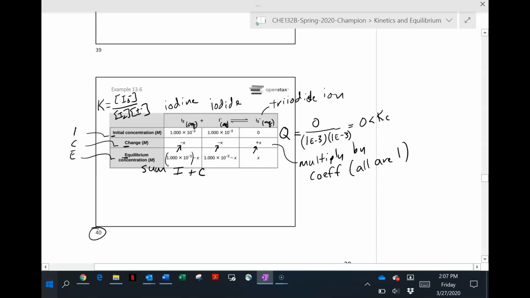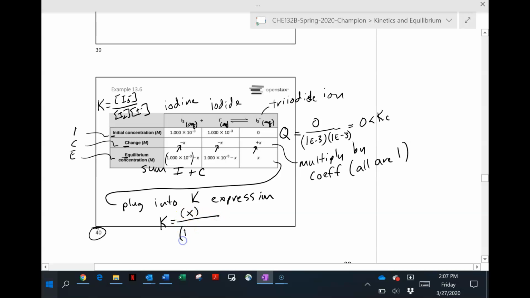So if we take these values and plug them into the K expression, we get that K is equal to x over 1.000 times 10 to the -3 minus x, and that quantity squared.